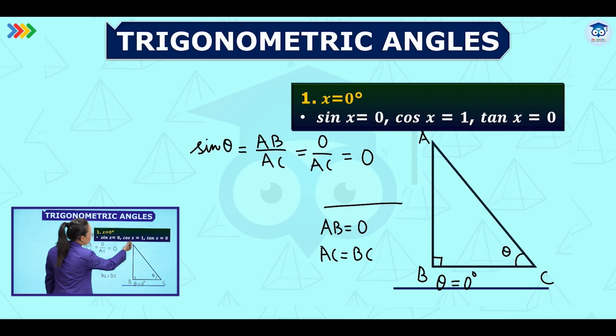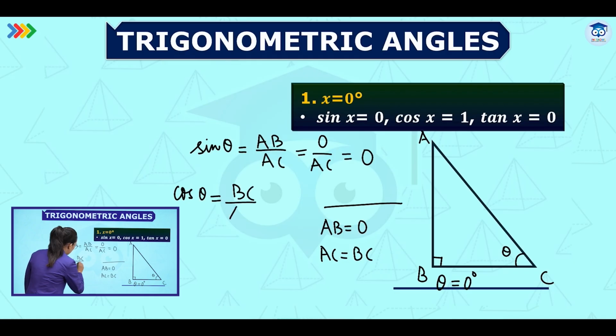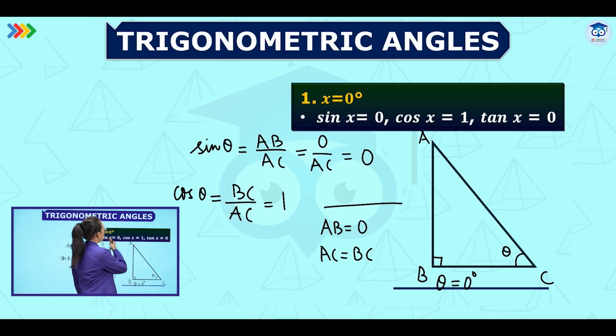Next, we have cos theta. If theta is 0, then adjacent is BC upon AC. Both are equal, so that is 1. Therefore, cos x is 1 when x is equal to 0 degree. Next, we have tan x.